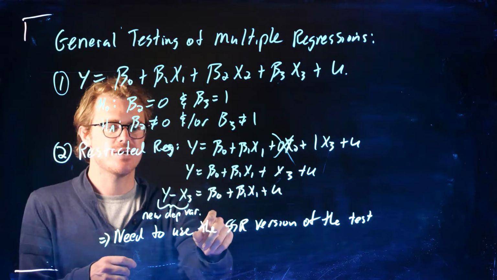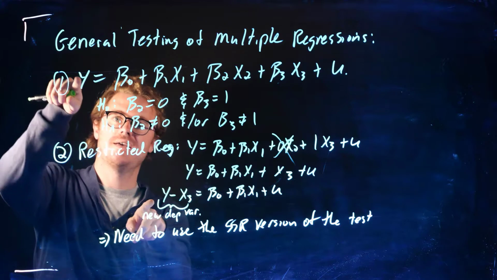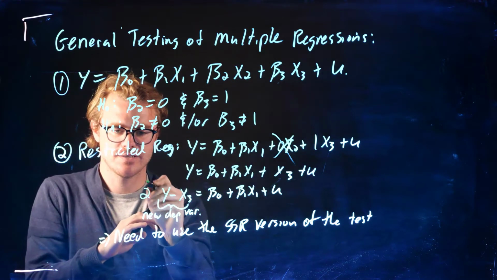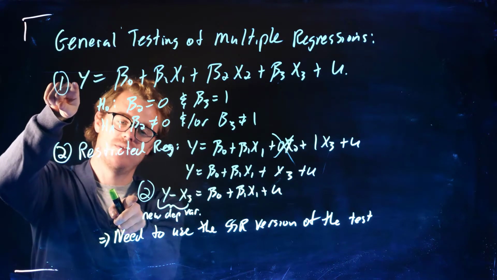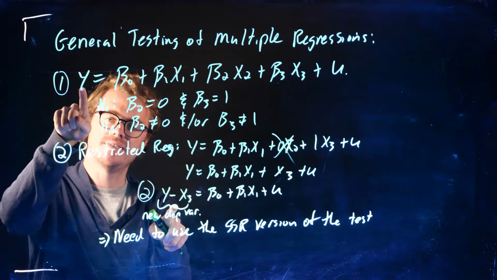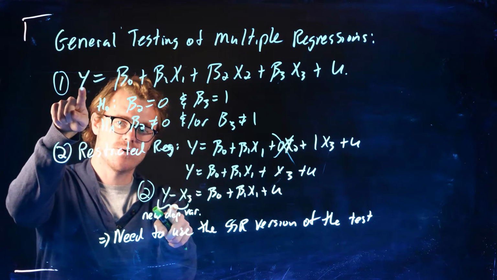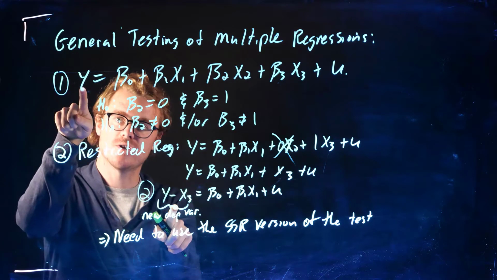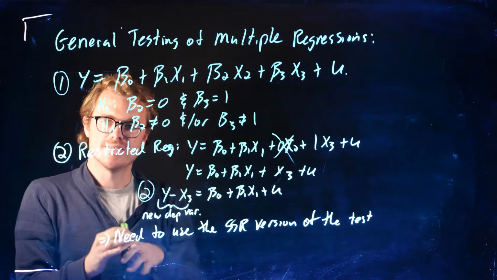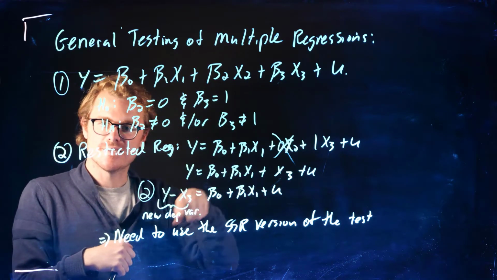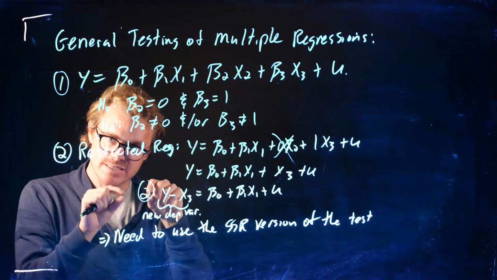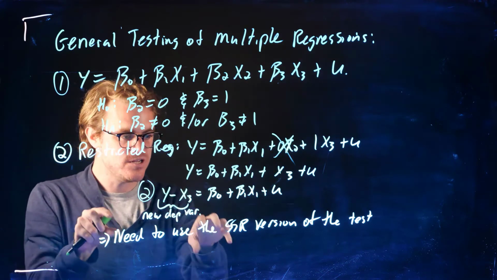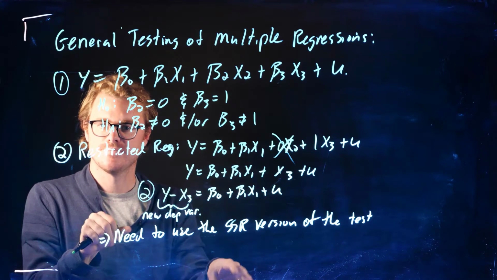We need to use the SSR because the total sum of squares in regression 1 and regression 2 down here is different, since these dependent variables are different. That means the algebra to get from the SSR to the R squared version of the test won't work. So this is just one of those examples where you need to use the SSR version of the test.